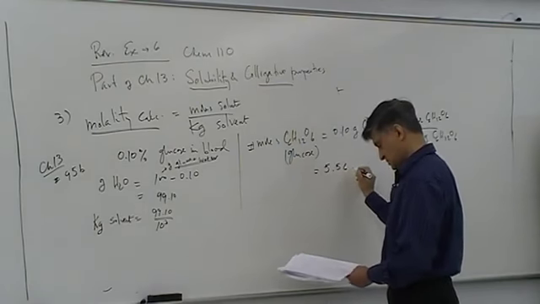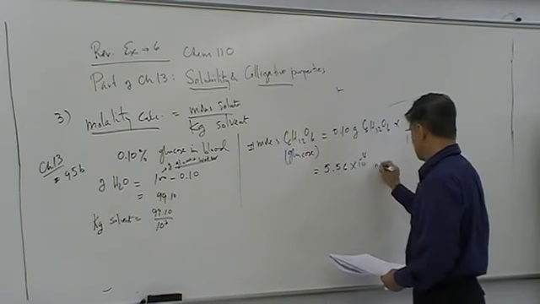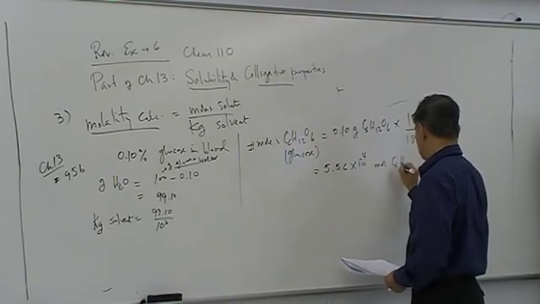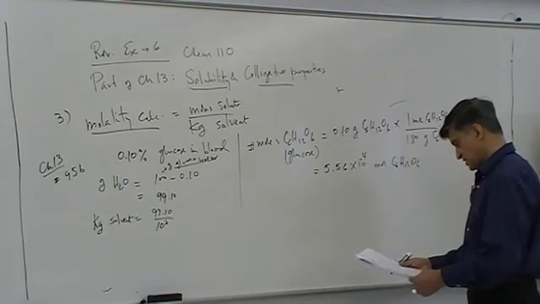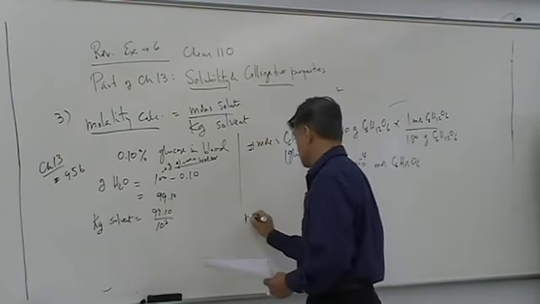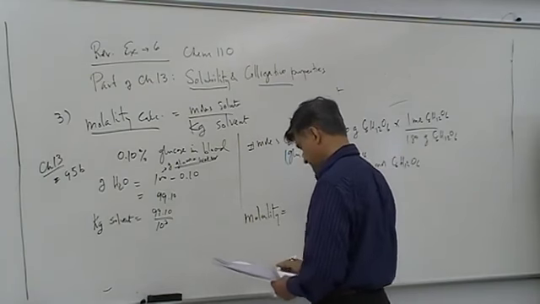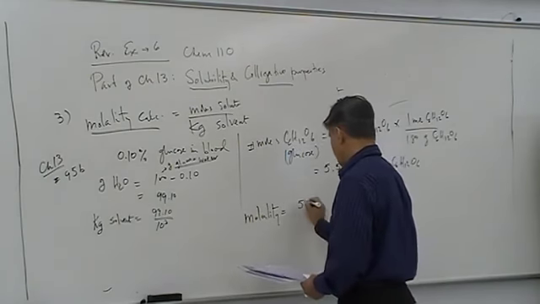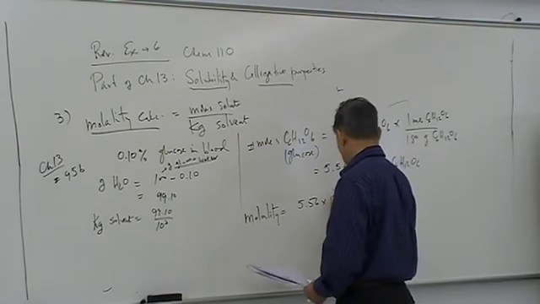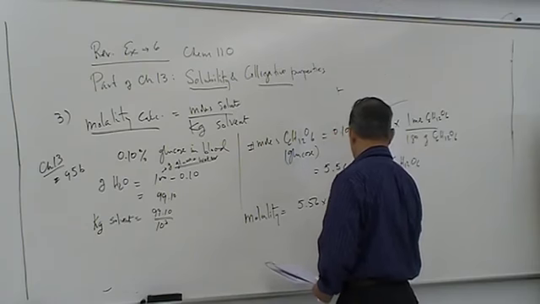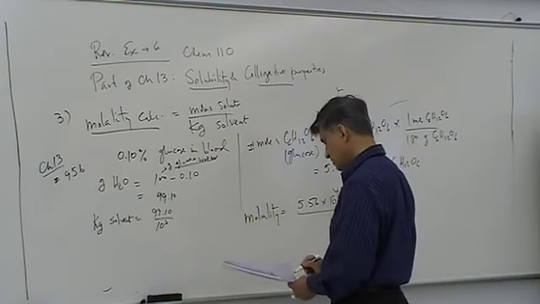Now that would give you 5.56 times 10 to the negative 4 moles of C6H12O6. And now I can get the molality. It is given by 5.56 times 10 to the negative 4 moles C6H12O6 divided by kilogram of solvent.